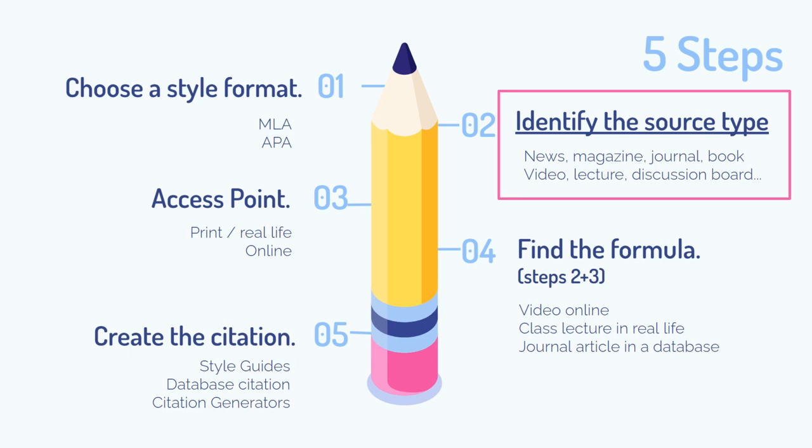It wasn't published in a magazine. It wasn't done as a video, whatever, something like that, then it might actually be the source type of web page content. But a lot of times your source type is something specific and then your access point is online.